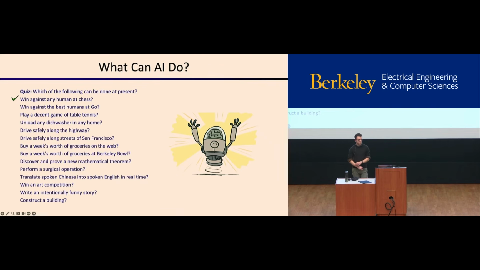How about win against the best humans at Go? Okay. Yeah. So right, I just talked about the AlphaGo result, at the end of which match, Sedol said, "This is the last time a human will defeat an AI at Go."